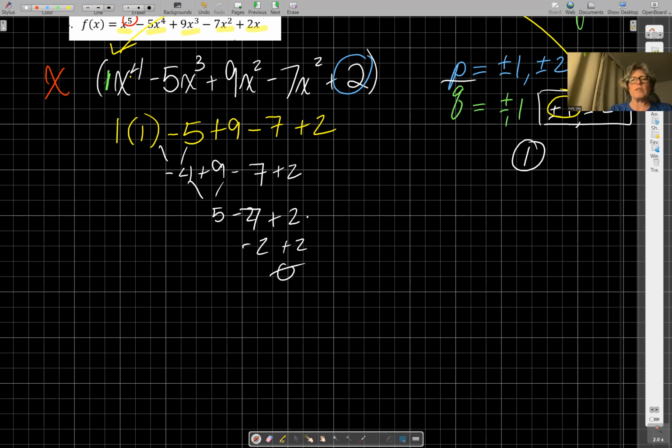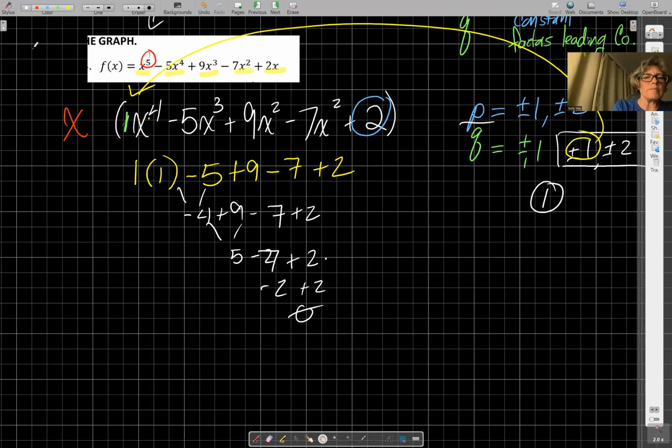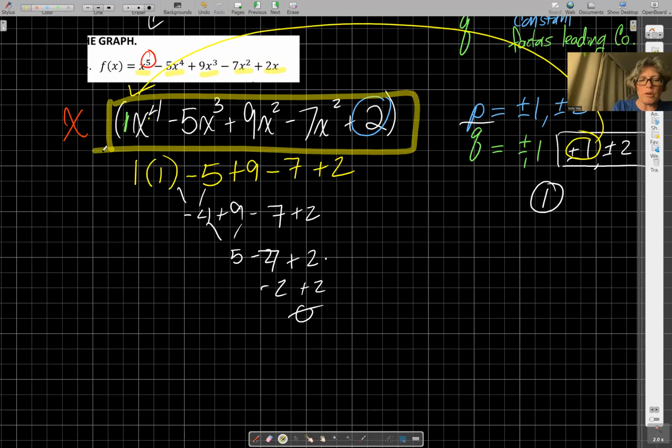So to do that, we are now going to test it and divide this whole thing out. With our root x equals 1, we're going to use the factor x minus 1 to divide it out and simplify.